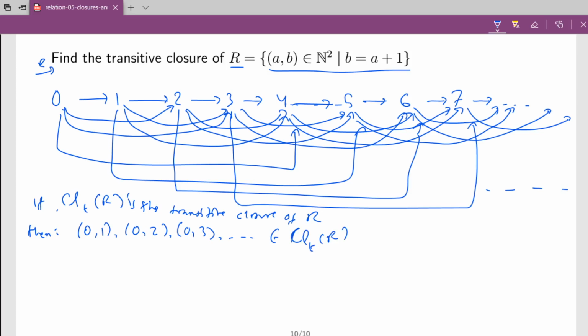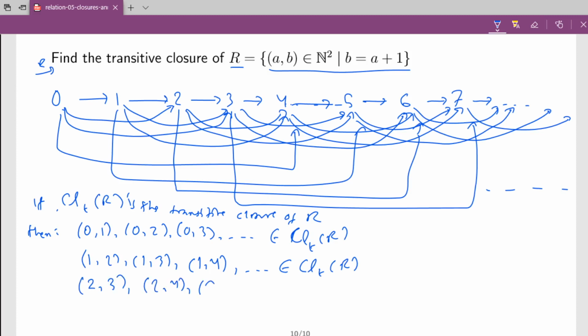You also know that (1, 2), (1, 3), (1, 4) must be in the transitive closure of R, because you always add shortcuts to the next larger numbers, and so on, right? So 2 must be related to 3, 4, and 5.